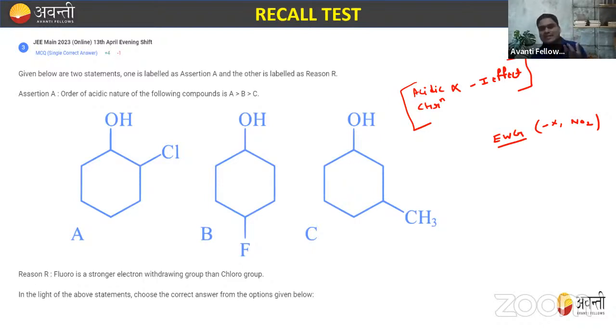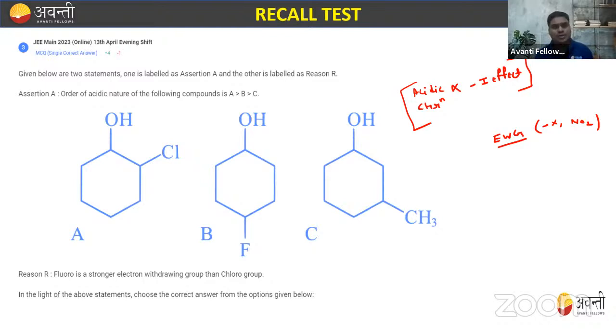And the minus I effect depends on the nature of the electron withdrawing group. So whenever an electron withdrawing group is attached to either cyclohexanol or phenol, it introduces a minus I effect, and due to this the acidic character increases. This is all we did in the last class.